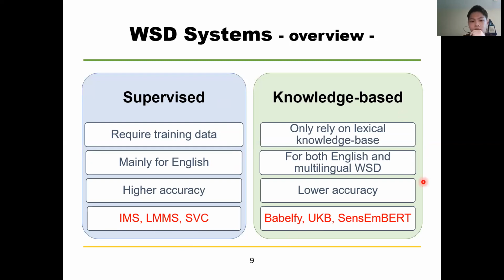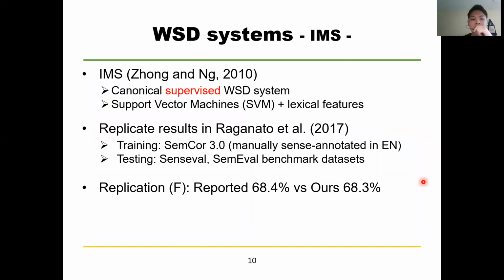So let's start with the first system, IMS, which is a canonical supervised WSD system with SVM using lexical features such as surrounding words, part of speech tags, and local collocations. And we replicate the results reported in Raganato et al. in 2017. They proposed a unified evaluation framework for WSD and reported performance of various existing WSD systems.